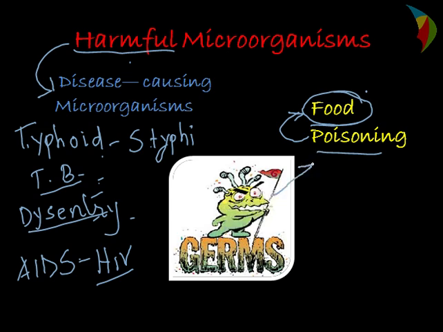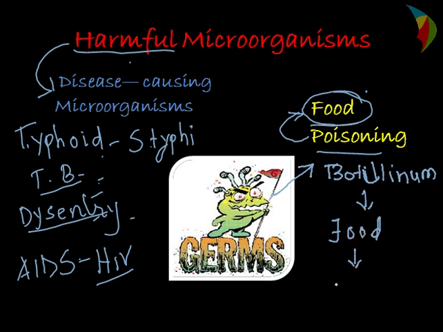Germs attack your food, and germs are mainly present in your hands, but there are some microorganisms like botulinum. Botulinum is the microorganism which, when it enters the food, produces toxins, and these toxins are harmful when they enter your body.